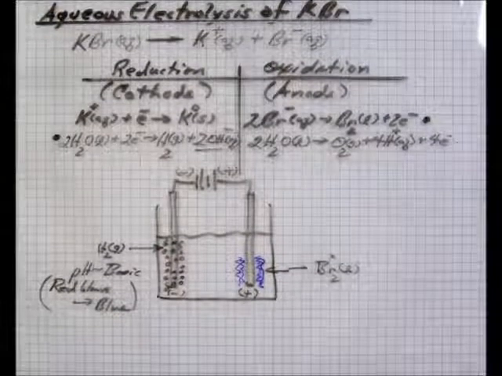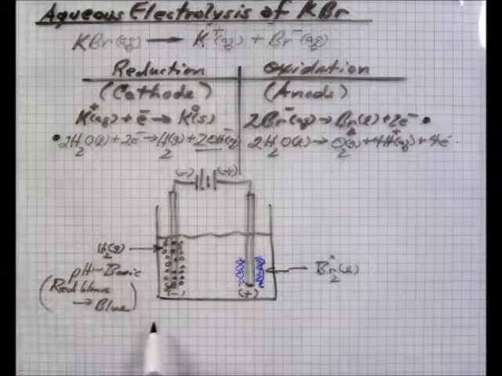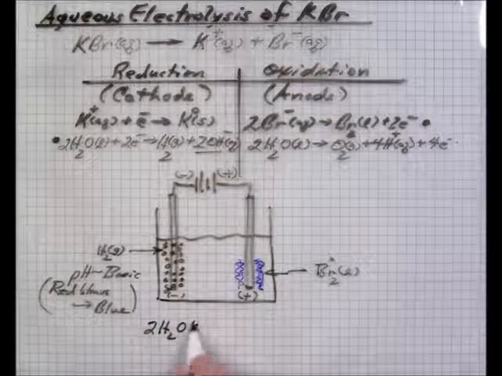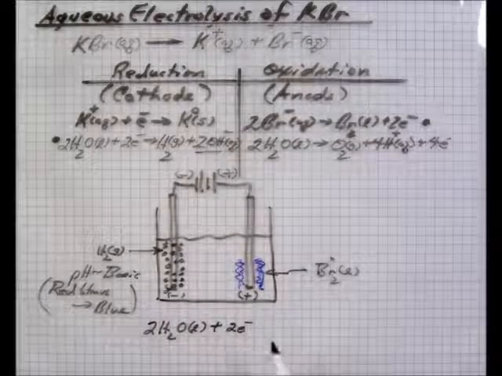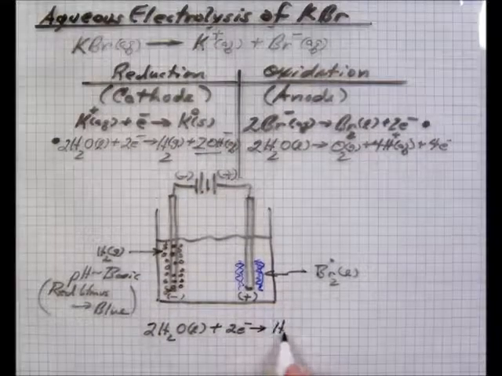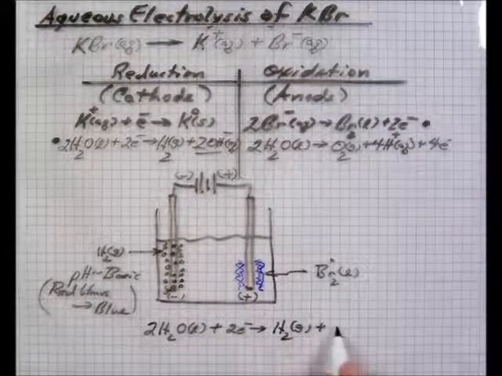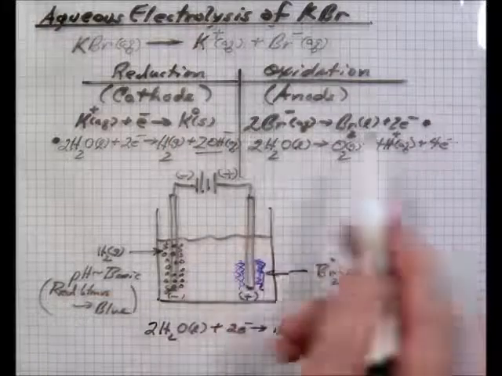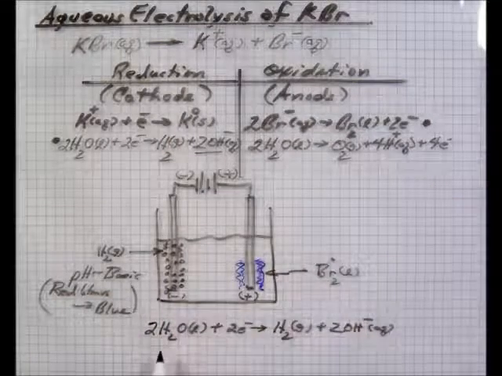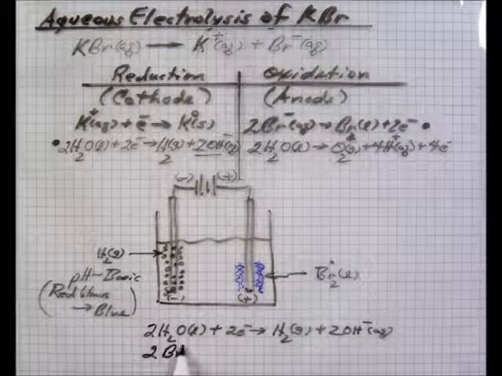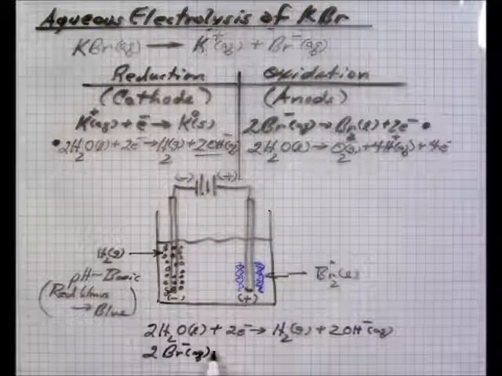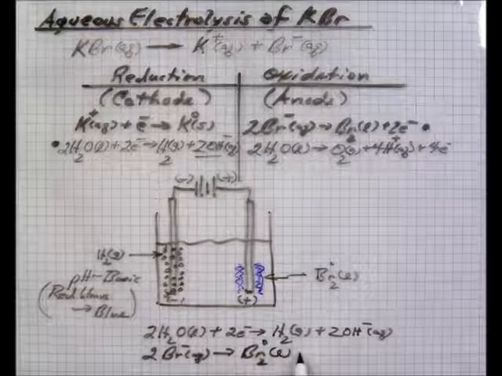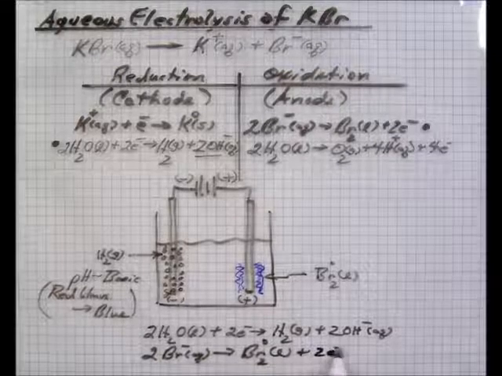So in constructing the net equation, we write down 2H2O as a liquid plus 2 electrons goes to hydrogen gas plus 2 hydroxide, and then we'd have the bromide going to bromine under oxidation, 2 bromide ions, 2 moles, aqueous, go to bromine, in its standard state, plus a couple of electrons.